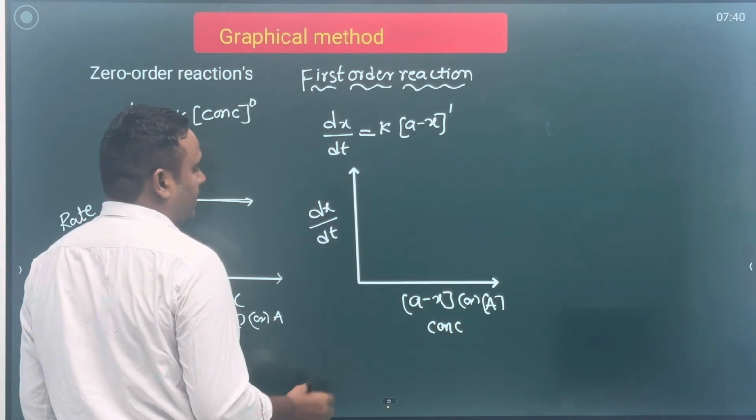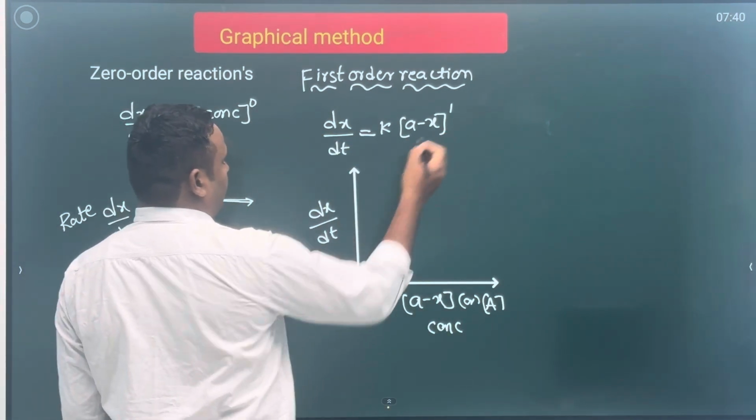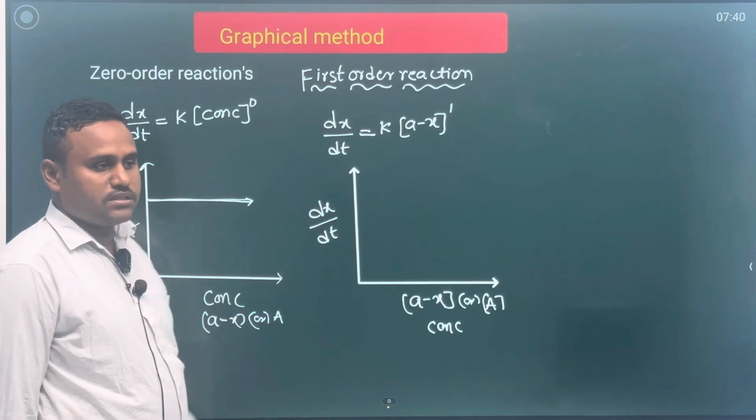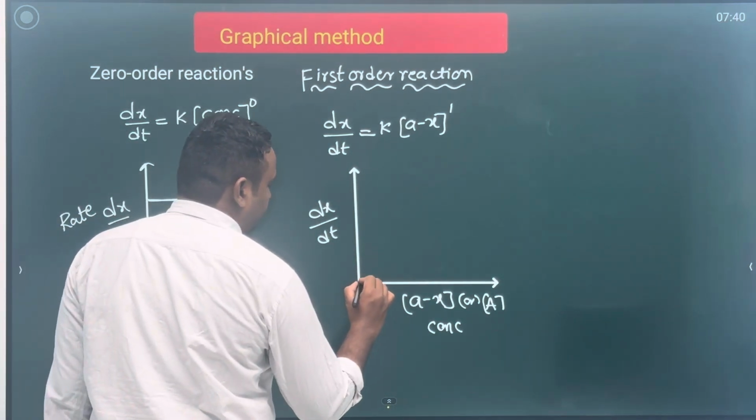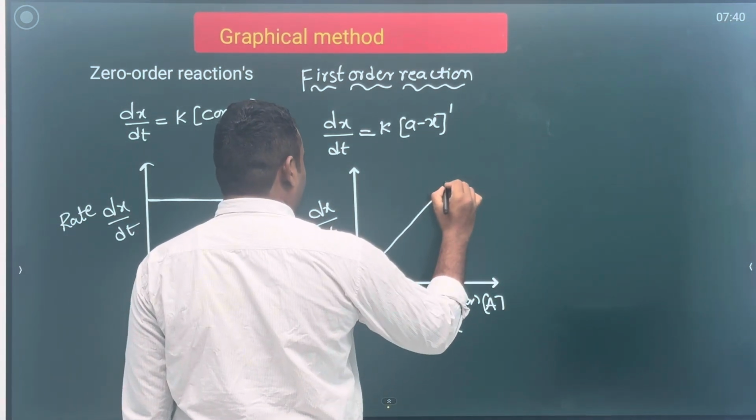So how will we get the graph here? See, dx by dt is directly proportional to a minus x. So here, like this graph we are going to get.